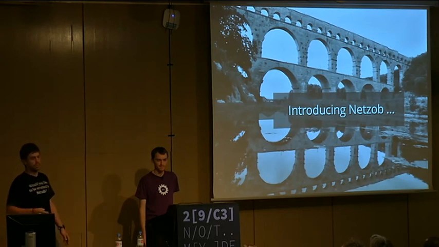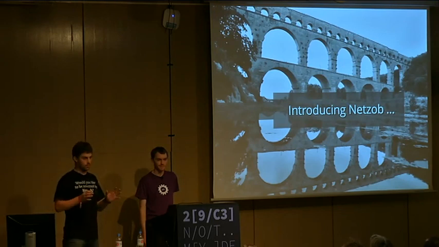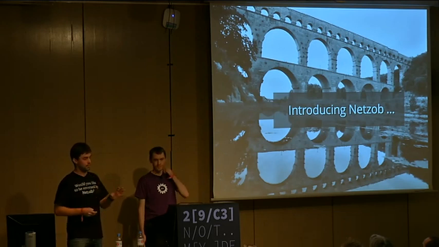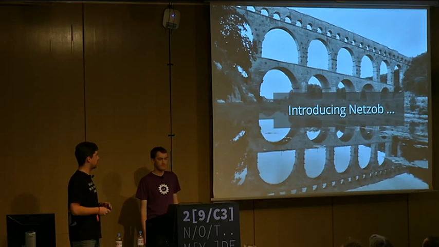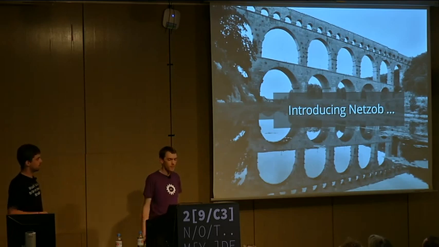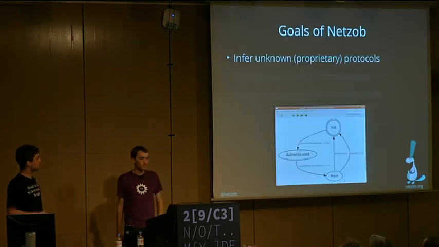So since we've found a model to represent a protocol, we've created a tool named NetZob that we'll introduce, that will help experts to learn this model. NetZob is a project that we started 2 years ago. It's an open source project, available on the internet, and it has three main goals.